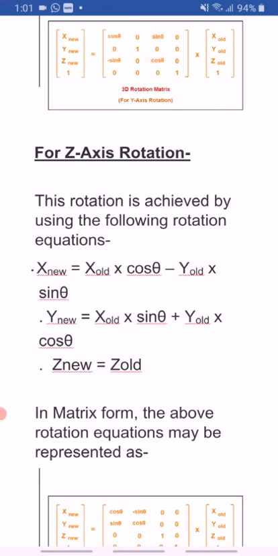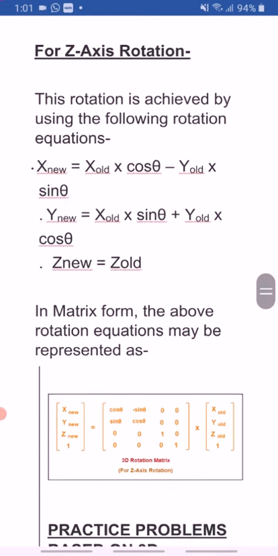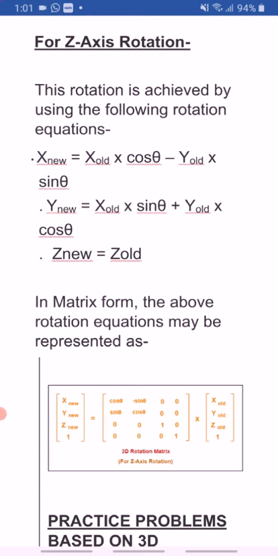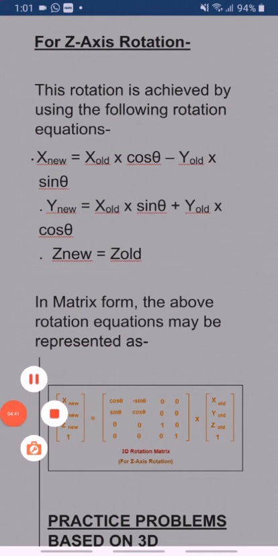Then x new, the new x coordinate, is found using the equation x new equal to x old into cos theta minus y old into sin theta, and y new equal to x old into sin theta plus y old into cos theta. So that's all about rotation.